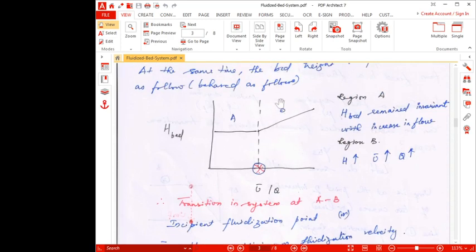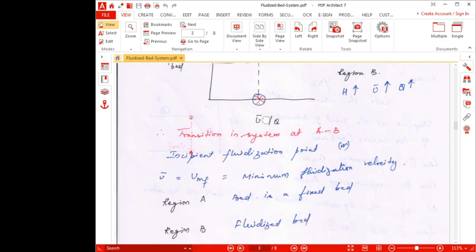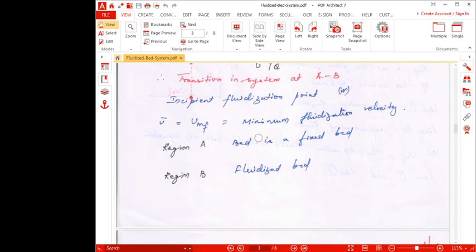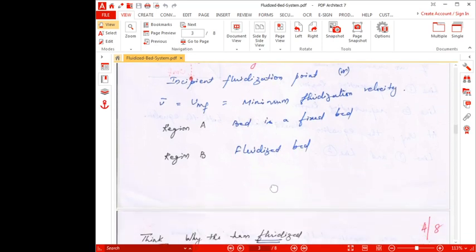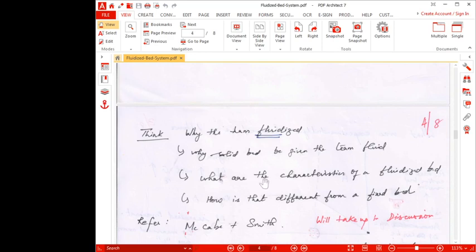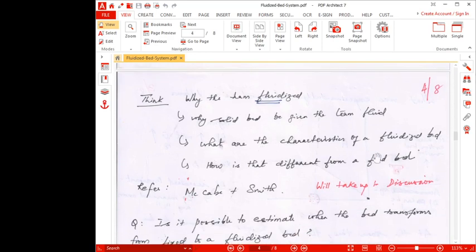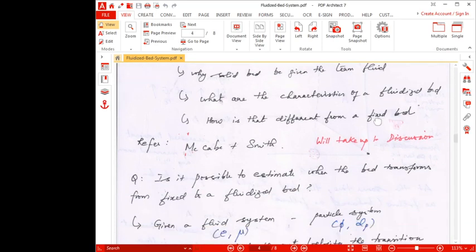How is this region different from that region? Above this transition point, once the operating velocity or flow rate is beyond the minimum fluidization point, what features does the bed exhibit? This is the thought process for you to find out.